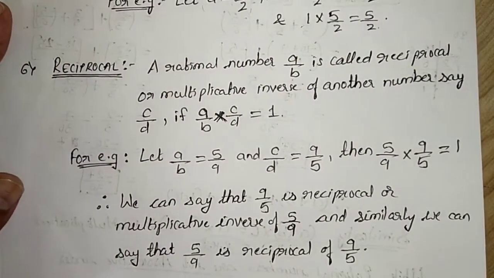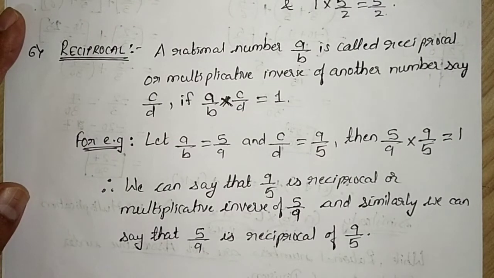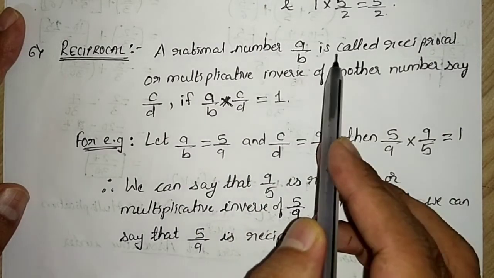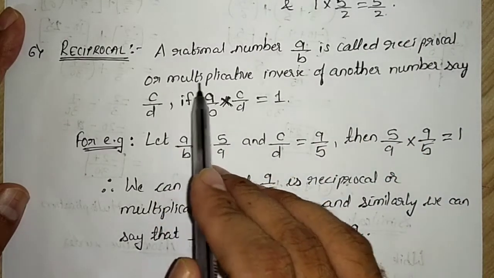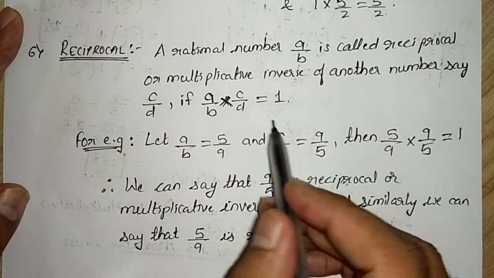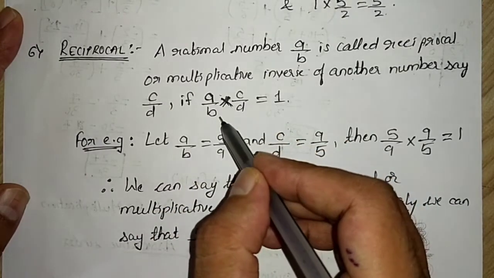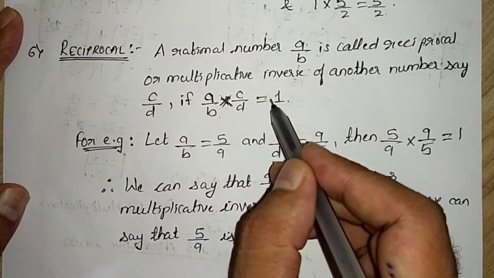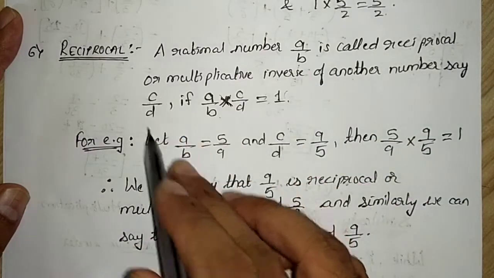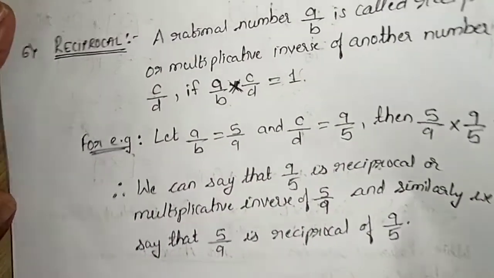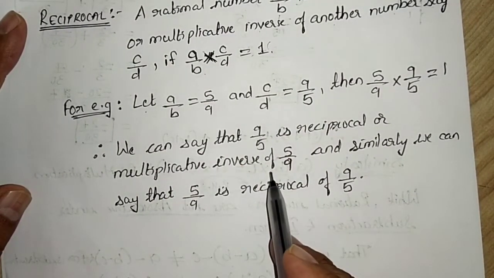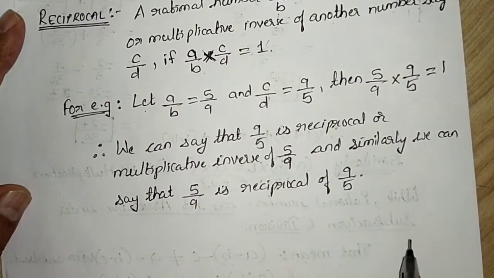Now the next property is reciprocal. Students, a rational number a divided by b is called the reciprocal or multiplicative inverse of another number, say c divided by d, only if a divided by b multiplied by c divided by d is equal to 1. Then only we can say that a divided by b is the reciprocal of c divided by d. If not understood, go through the example. Let a divided by b be equal to 5 by 9 and c divided by d be equal to 9 by 5.